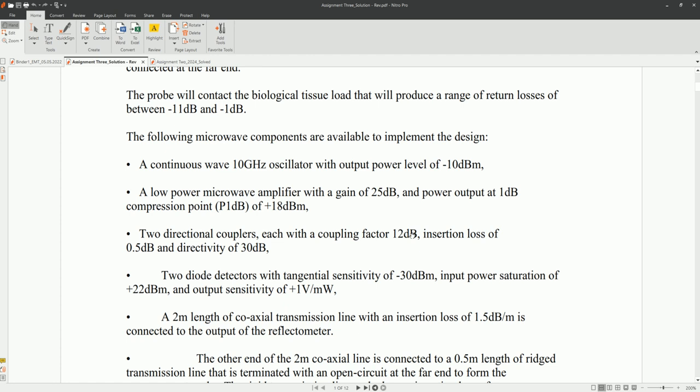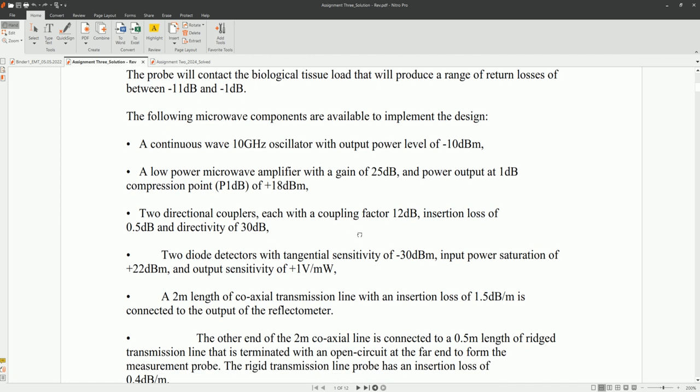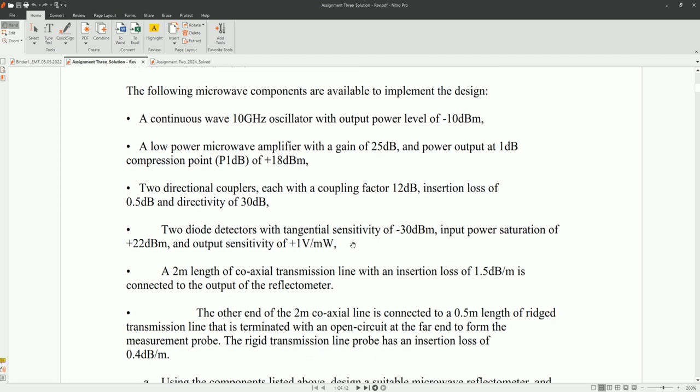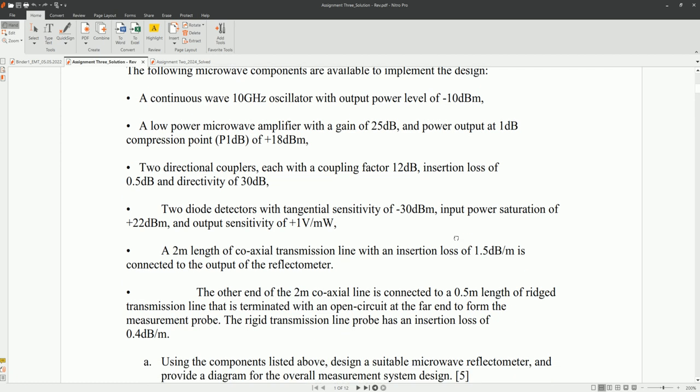Two directional couplers with a coupling factor of 12 dB, insertion loss of 0.5 dB and directivity of 30 dB. Two diode detectors, with tangential sensitivity, input power saturation and output sensitivity specified, and a 2 meter length of coaxial transmission line with insertion loss of 1.5 dB per meter.